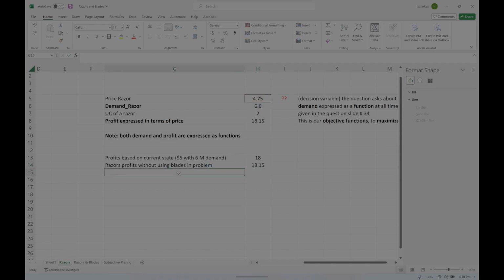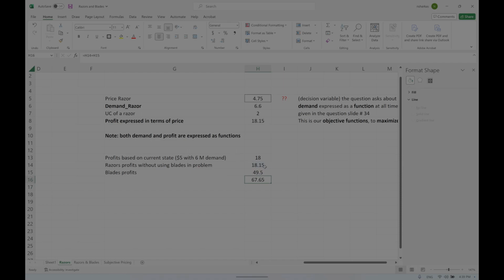Now, if you are also going to do like how we did before, blades profits, it's definitely with the new demand. If I remember correctly, it is 50 times 0.15. And then that would be this much, and then the profit is going to be this plus this.